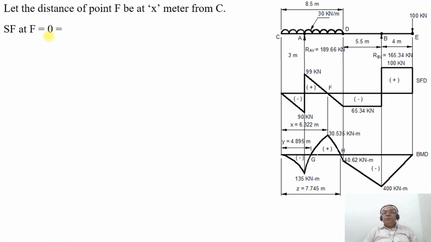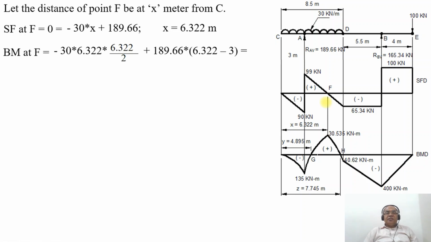That is minus 30 into x plus 189.66, which is equal to 0. Therefore, x will be 6.322 meters from C. Once you get this point, now we need to find the maximum bending moment. So BM at F will be equal to minus 30 into x by 2 minus 1 plus 189.66 into x minus 3.